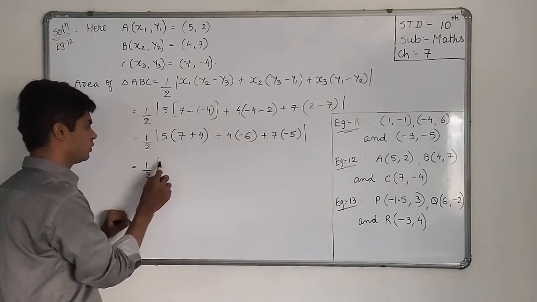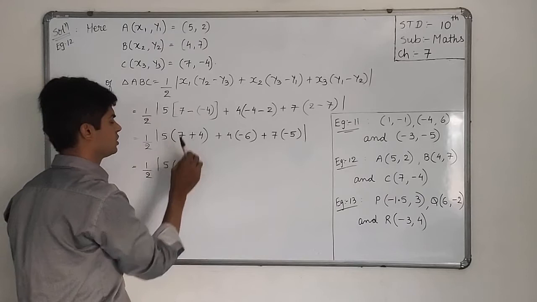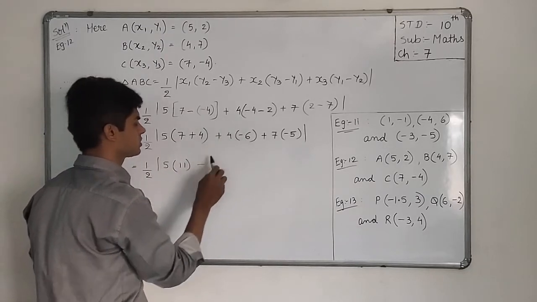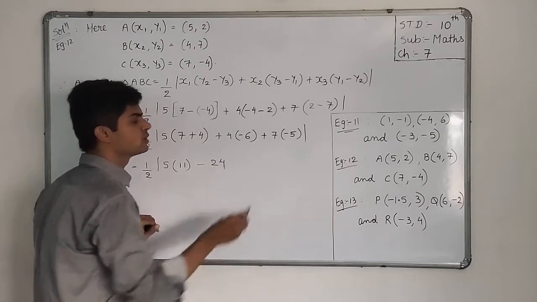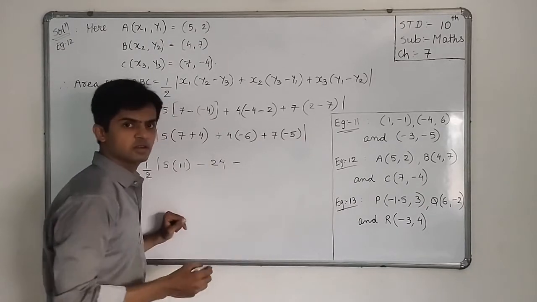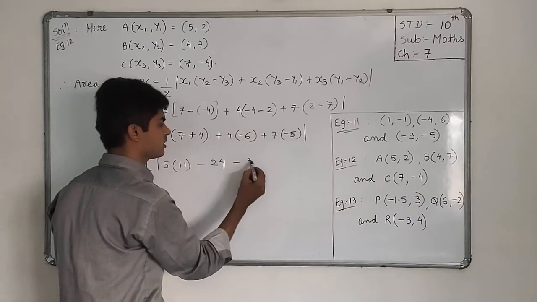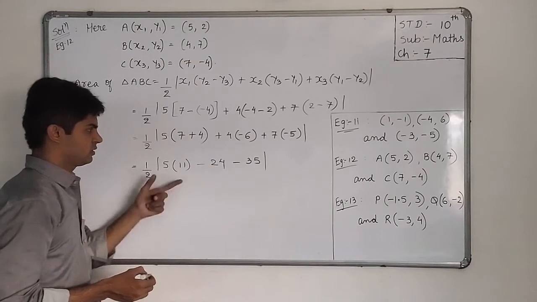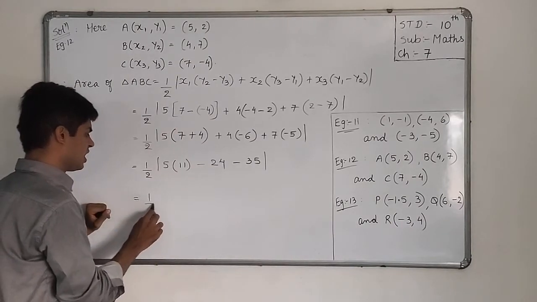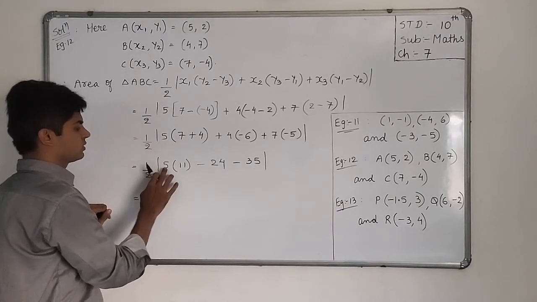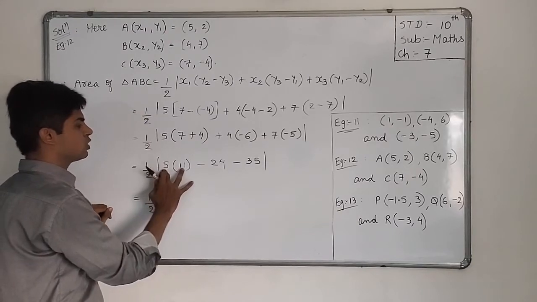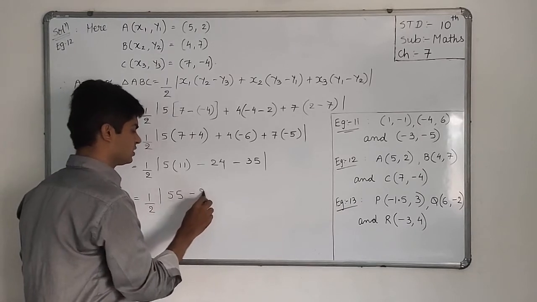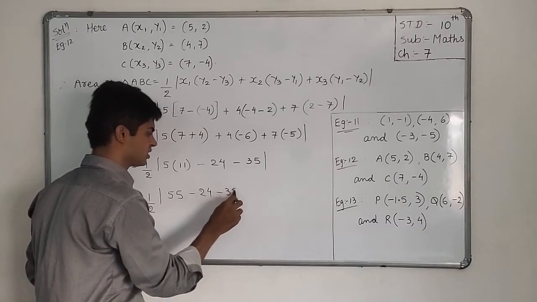Okay, let us solve this. 1 by 2, 5 into 7 plus 4, 11 plus, minus 4 6s are 24, plus, minus 7 5s are 35. Okay. Now let us solve this again. Half multiplied by modulus. Inside modulus 11 5s are 55 minus 24 minus 35.